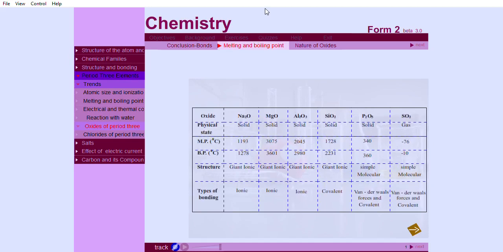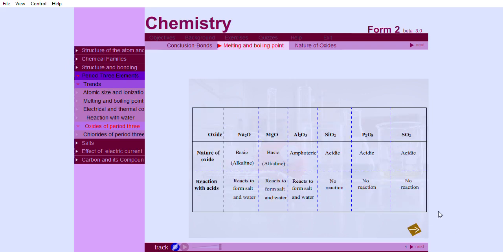Melting point and boiling point. Oxides of sodium, magnesium, aluminium, and silicon have high melting and boiling points compared to those of phosphorus and sulfur. This is because sodium oxide, magnesium oxide, and aluminium oxide have giant ionic structures with strong ionic bonds which require high temperatures to break.